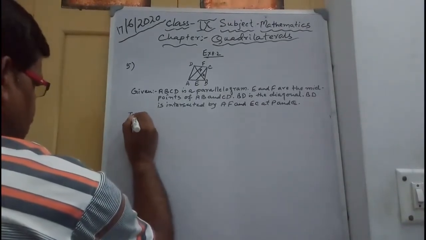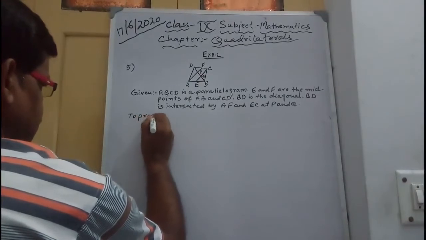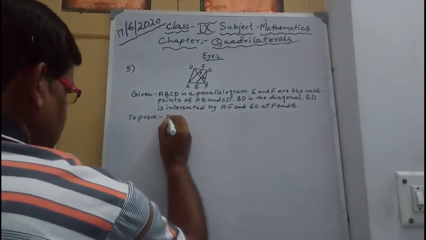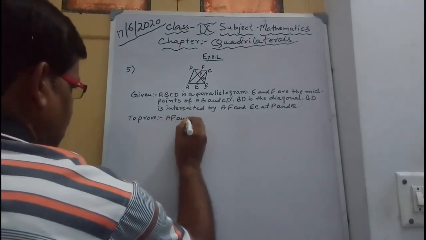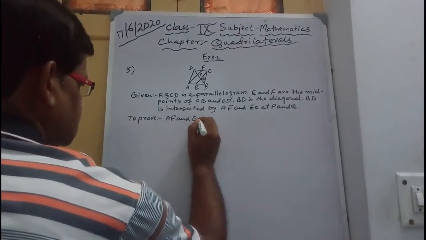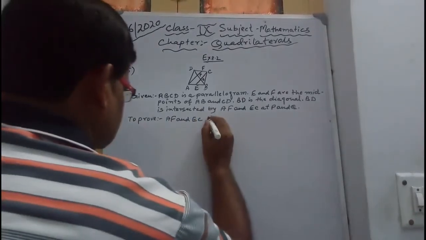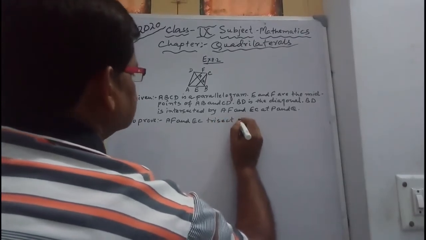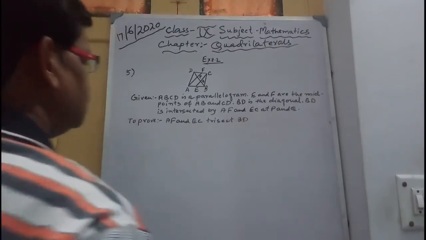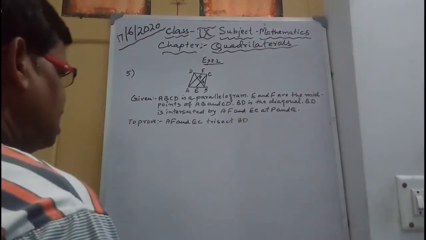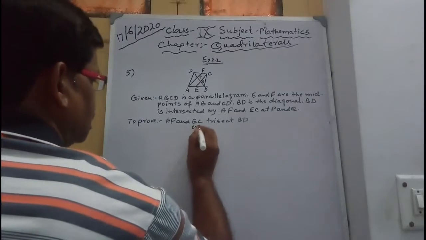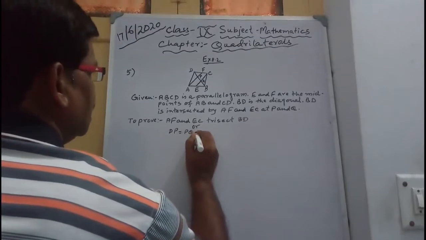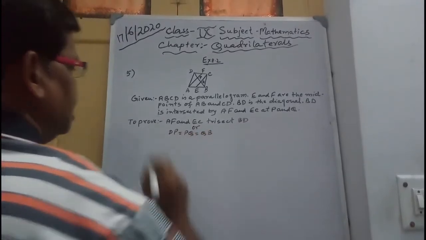Now to prove: AF and EC trisect BD, or DP equal to PQ equal to QB.